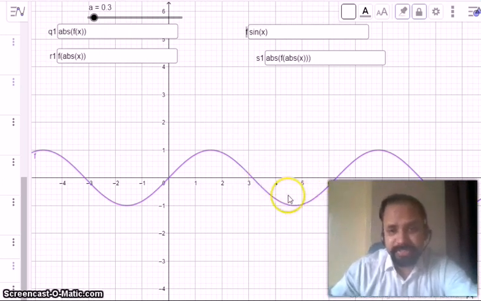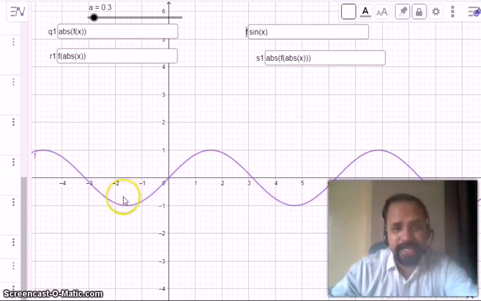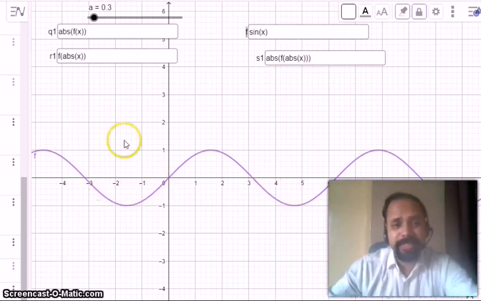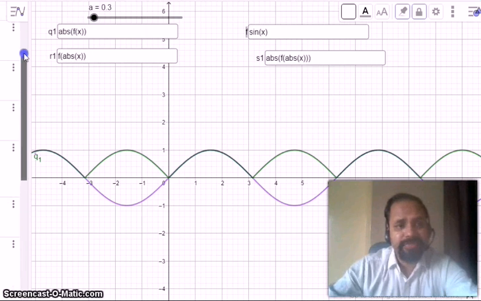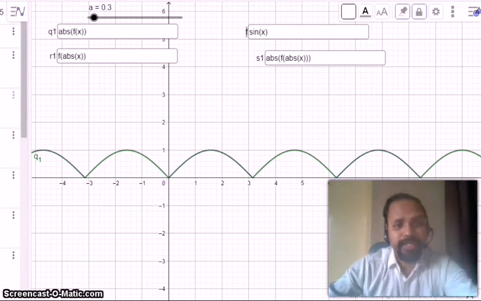This part is below the x axis, so take the image of this part with respect to the x axis. When we draw it, definitely we get this. That means this will be the graph of mod of sin x.